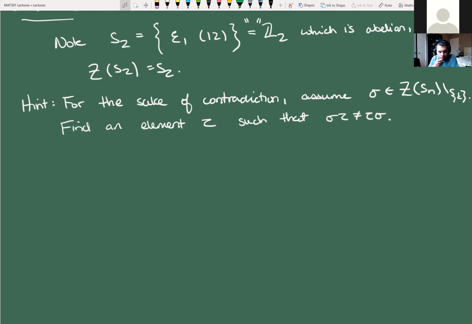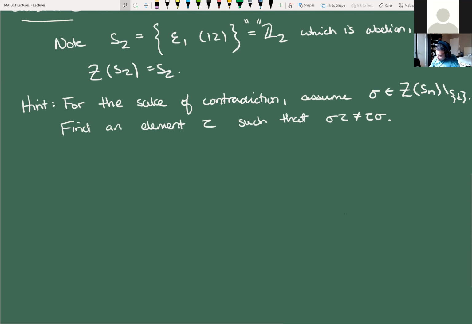Let me try and run you through my reasoning too. Again, we're just trying to arrive at a contradiction, right? So I just need to show that sigma tau is not equal to tau sigma. And to do that, I don't even need to show that they're not equal in their entirety. I just need to show that as a bijection on the set from 1 to n, sigma tau maps an element to one thing, and then tau sigma maps that same element to something different, right? And that would show that they're not equal.